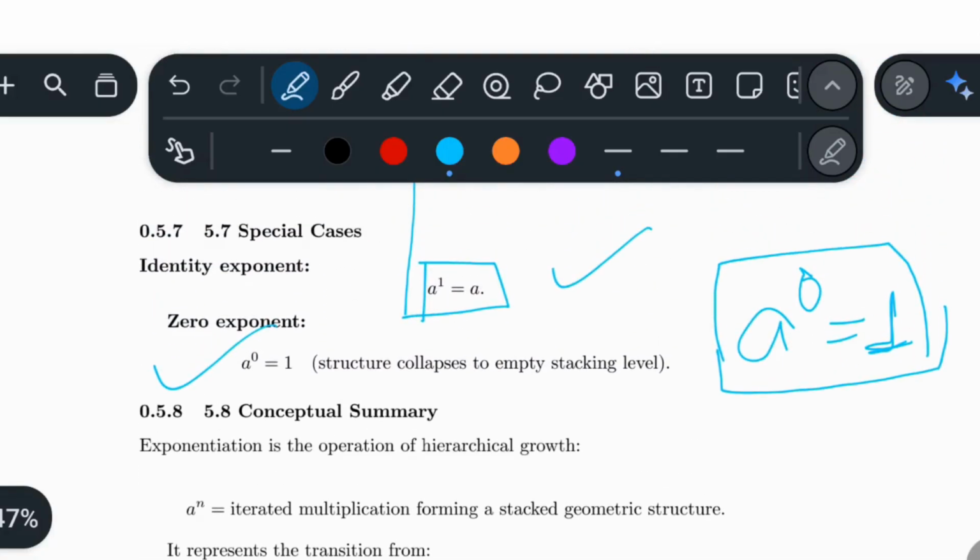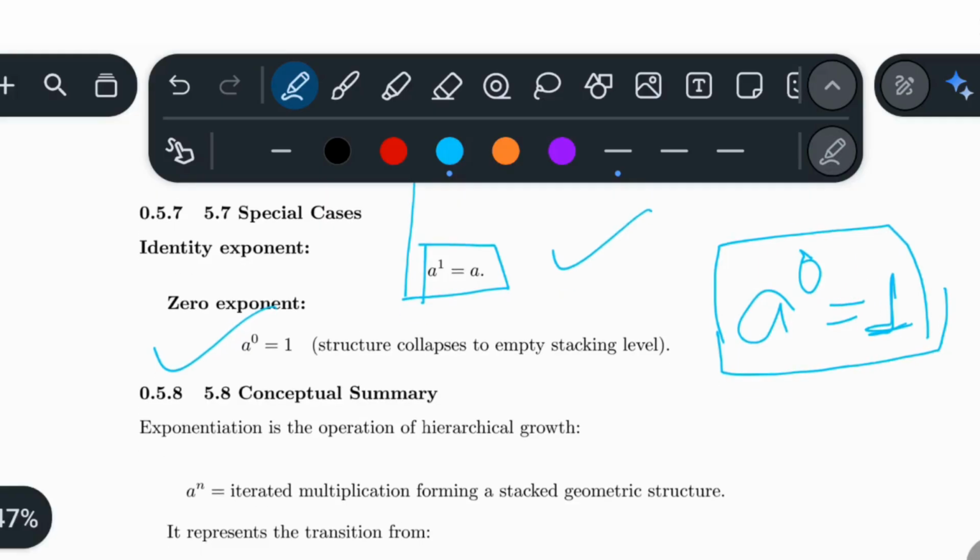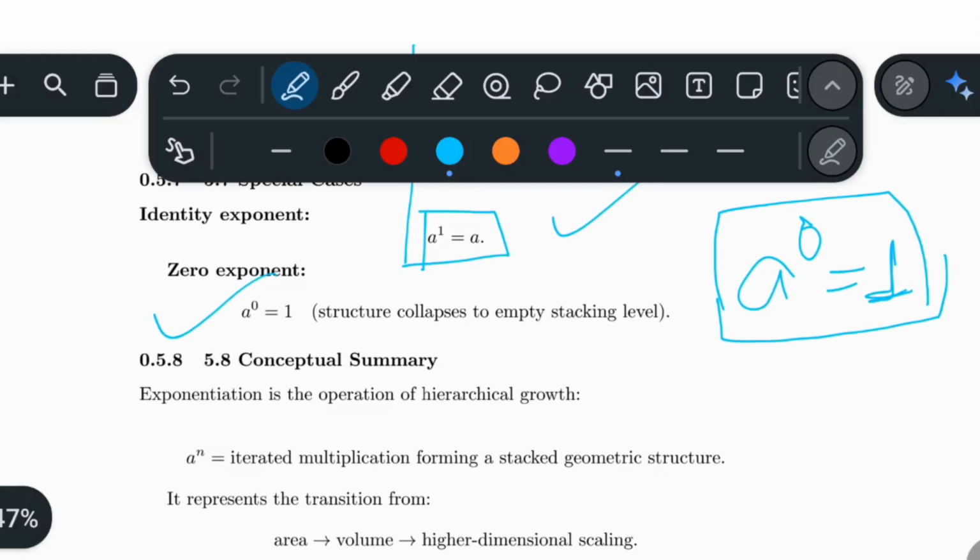Or I'm trying to give you the understanding. What does a to the power 1 represent? That is a.